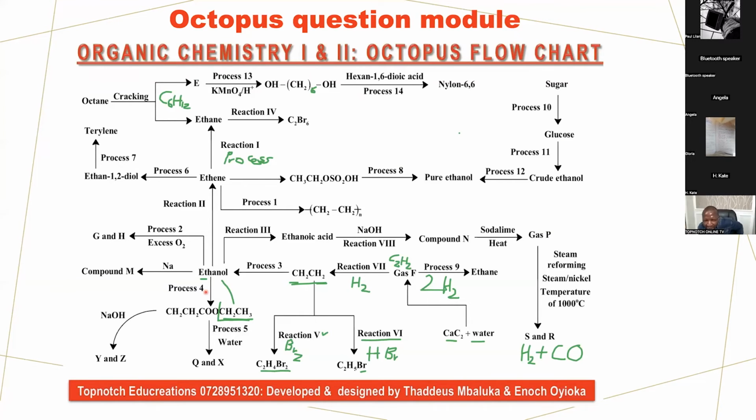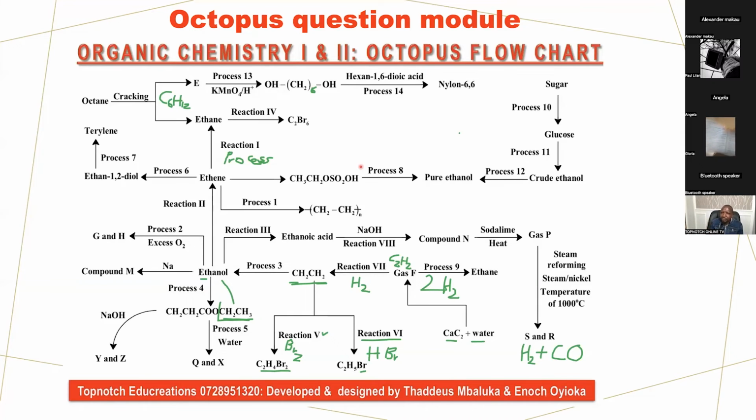Let me clarify something that many students don't know. Normally, for purposes of exam setting, we use the words reaction and process interchangeably. Processes is normally used for those industrial processes that lead to the formation of industrial products.